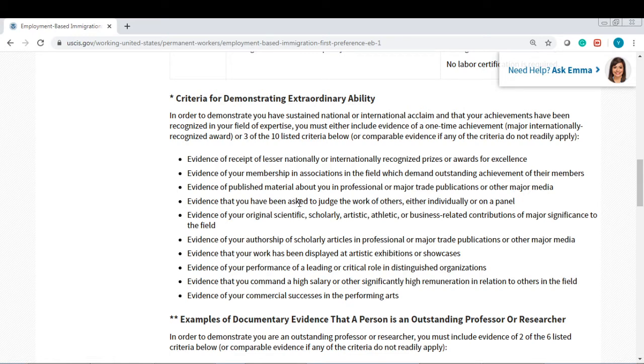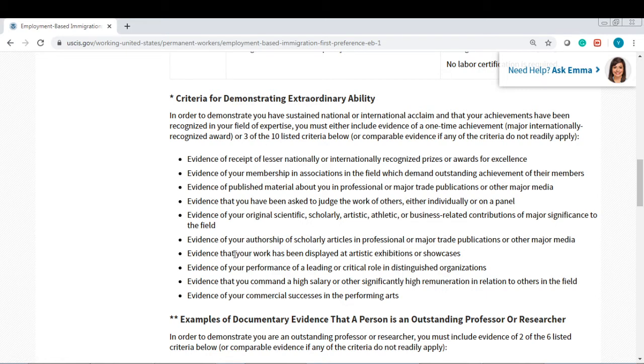That you judge the work of others, like you work as a paper reviewer. Like you have original scientific, scholarly, artistic, athletic, or business-related contributions. That you are author of multiple scholarly articles.